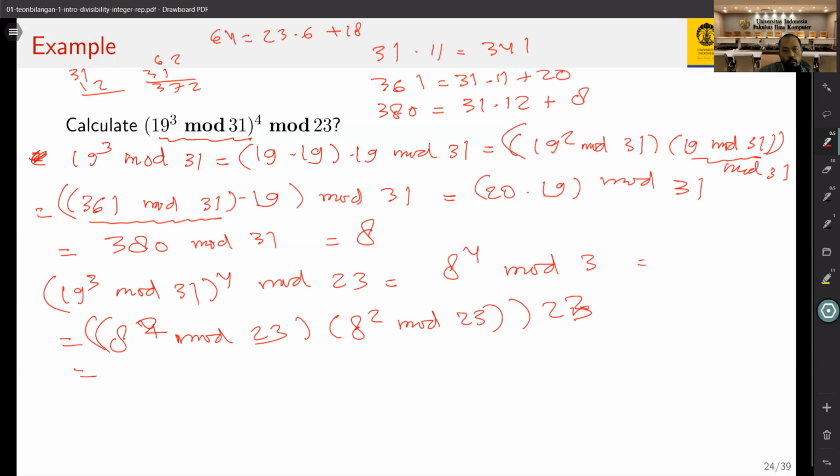So that means you have 18 times 18 mod 23.